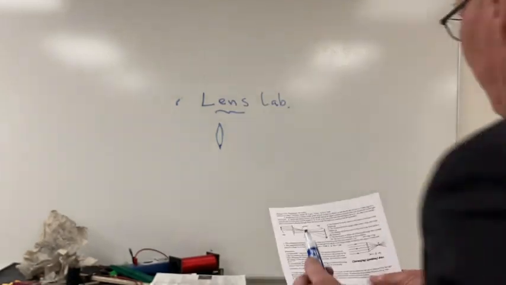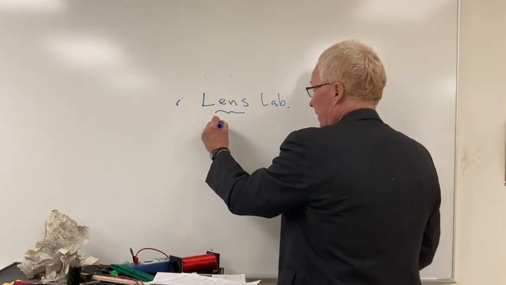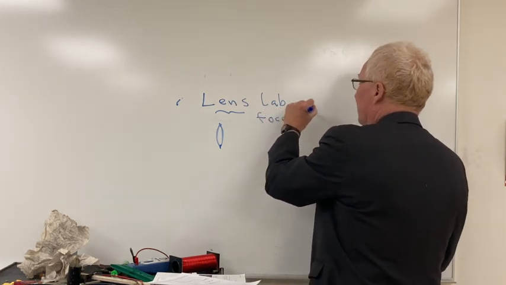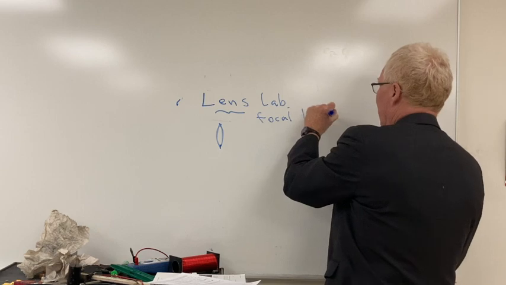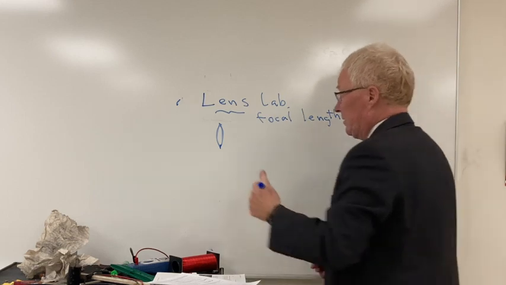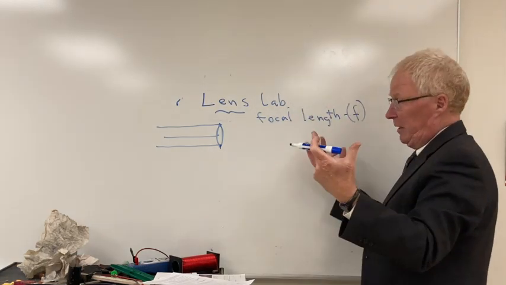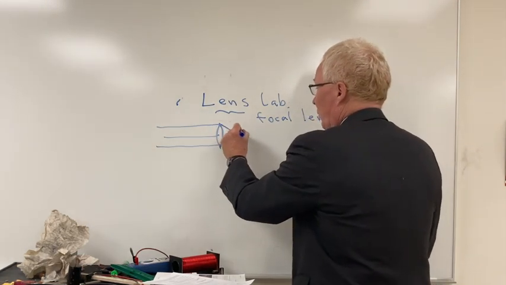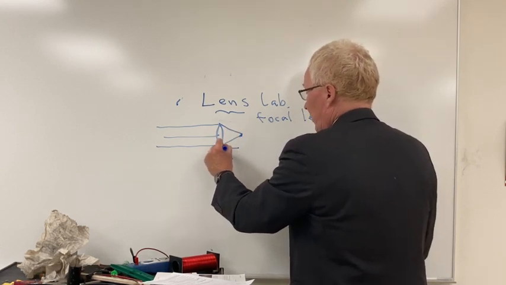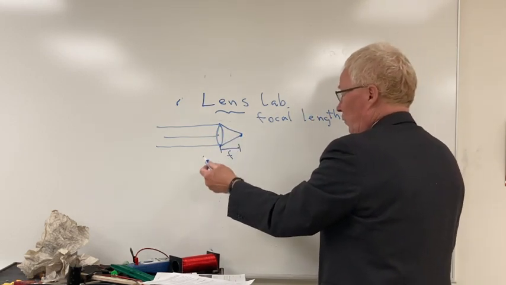So this is part of lenses, and we have a lens. A lens has what we call a focal length, F. That means that if we have light from a long way away, it could be just a few meters, it will focus to a certain point, and this distance from the lens to where the light focuses is the focal length.